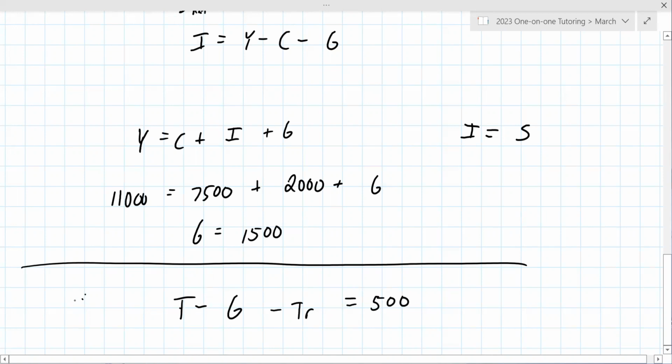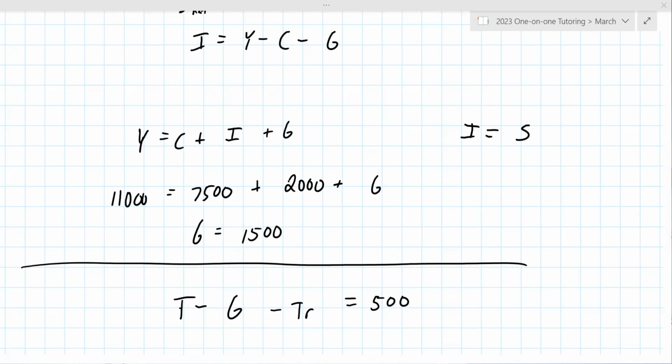Then I thought we had something earlier like private savings equals T minus G. And that's the 2000 equals, well, I don't know. Does that work at all? Maybe not. I don't know, maybe. Go back and.